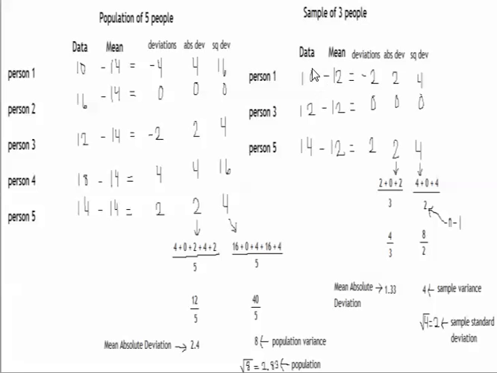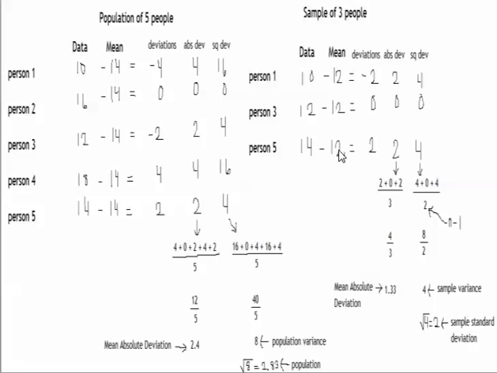Remember, when you're finding the mean of the sample, don't use n-1 yet, because you don't use it until later. Right now we're just adding the 3 data values and dividing by 3. We get the mean of 12.